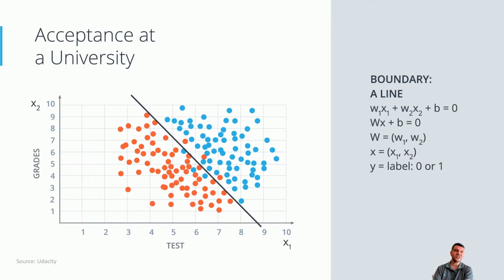The other thing that we were missing was the label. Actually, there is a label y that we are given for every point, as we know that, for example, the person who scored 9 at the test and 5 at the grades was labeled blue. He was given the label 1. So by giving the label 1, we used this point as part of our training.